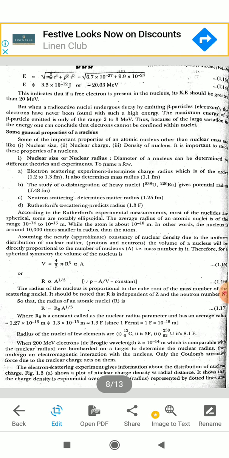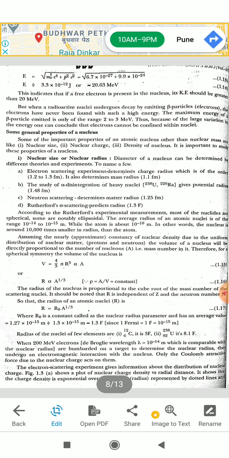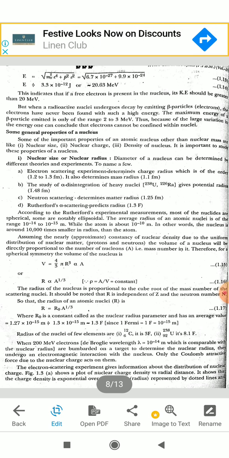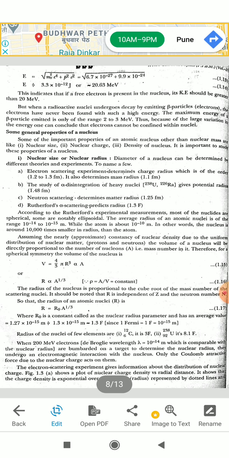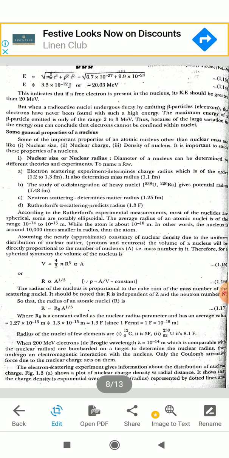We also see how the radius is related to the mass number. The volume of the nucleus is directly proportional to the mass number. The volume of a sphere is 4 by 3 pi r cube, so 4 by 3 pi r cube is proportional to A. All this is constant, so the radius of the nucleus is directly proportional to the cube root of the mass number.